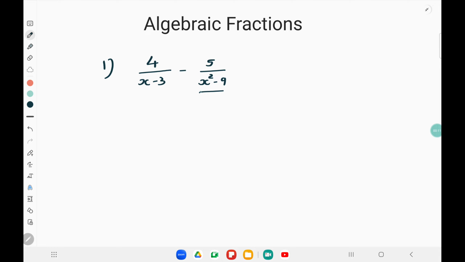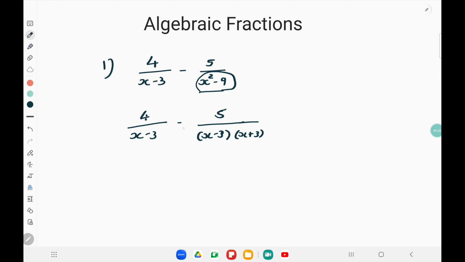So here in this problem we can see x square minus 9 is a difference between two square numbers, so we can factorize it first. So 4 over x minus 3, minus 5 over (x minus 3)(x plus 3). Those two brackets factorize the x square minus 9, right?